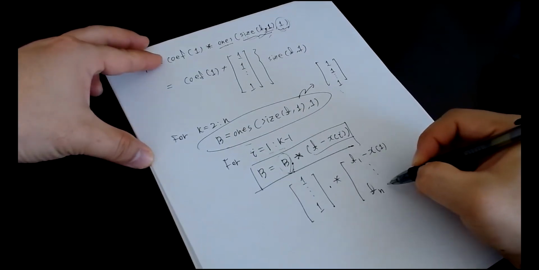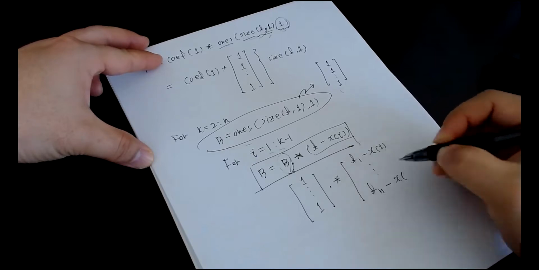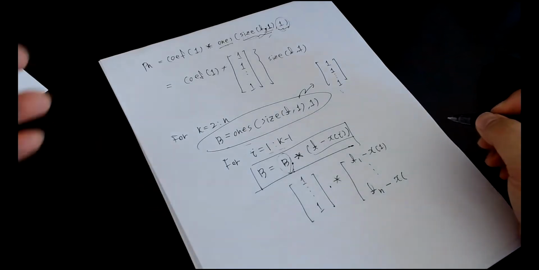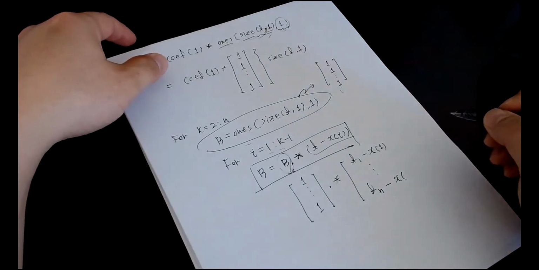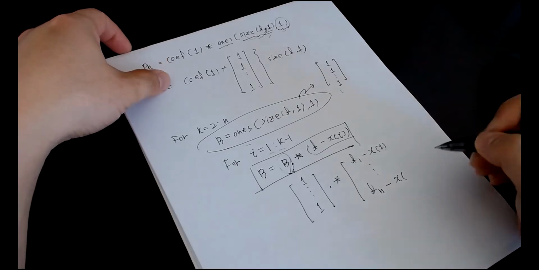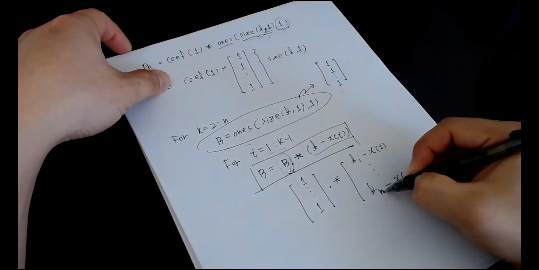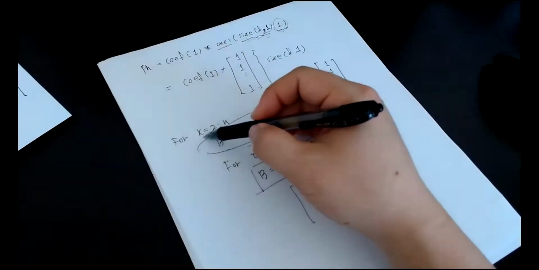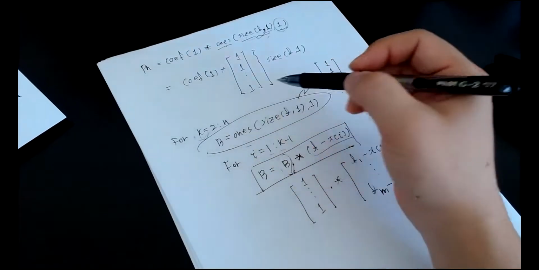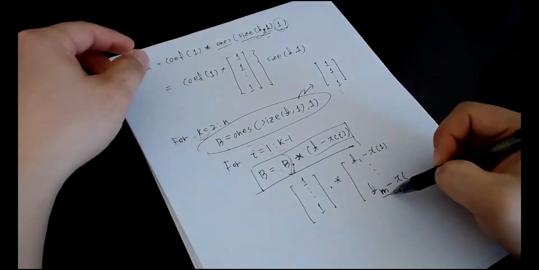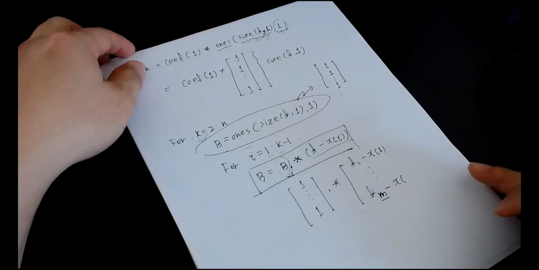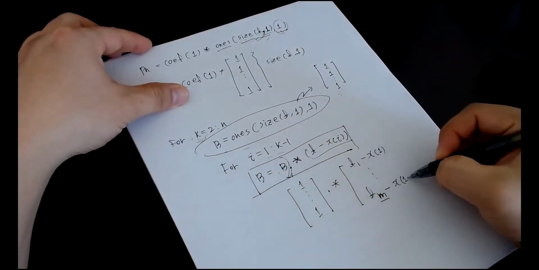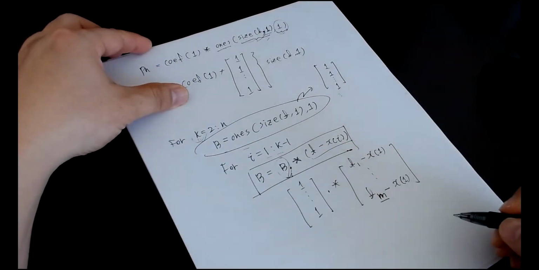t sub n minus x sub... in the code, give me a second. Let me say t sub m, because here I just used k, but in my code I already use k, so I just changed the size of t to m. So like this, right?